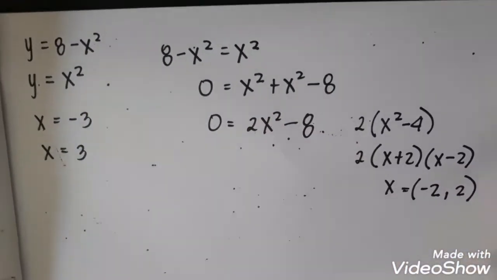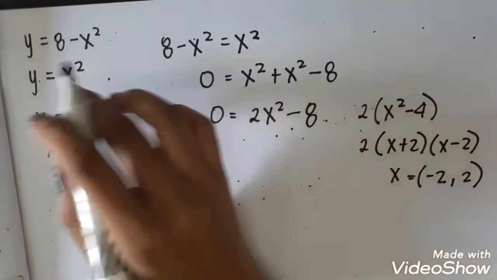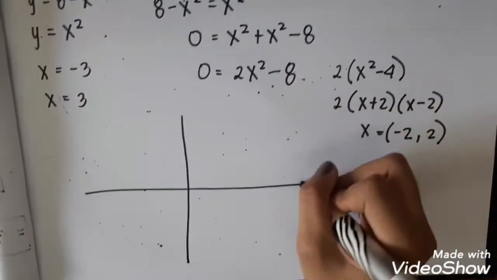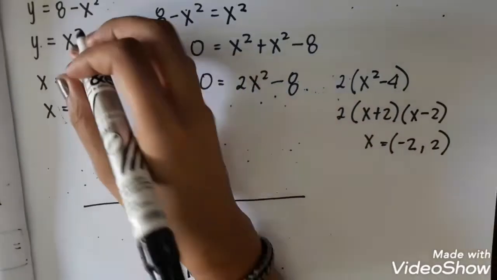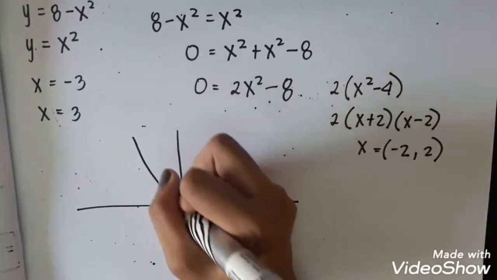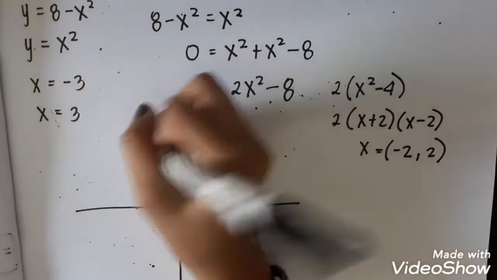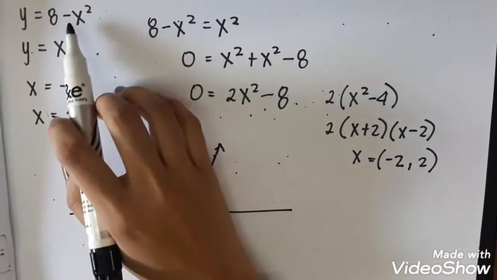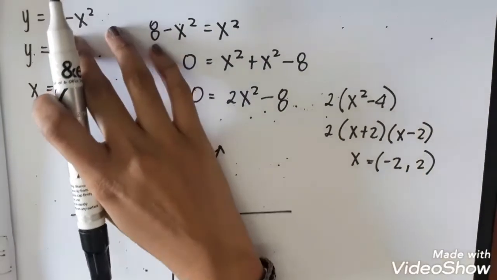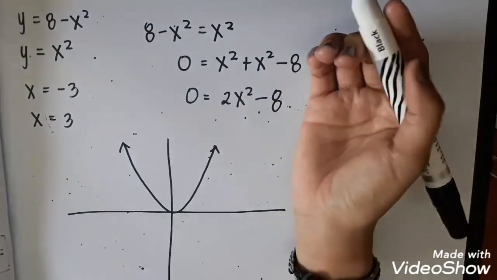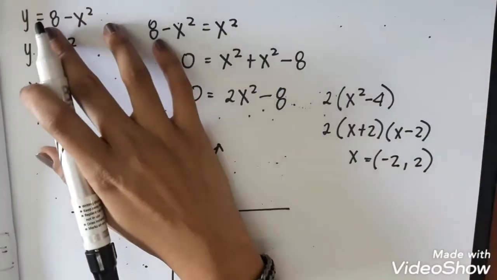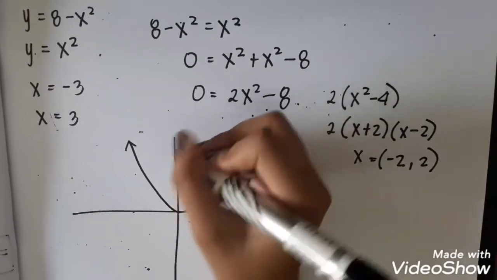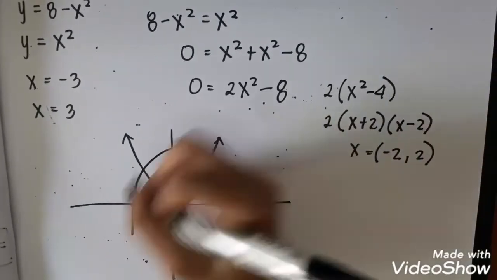Now let's put it in a graph. So x squared is a parabola, this one. Let's put it this way. Because it's positive, it's going upward. And y is equals to 8 minus x squared. Here we can see that x squared is negative, so the parabola will go down. Then we'll move 8 units up because 8 is positive. So let's assume this is 8 here. So we'll have a parabola here.